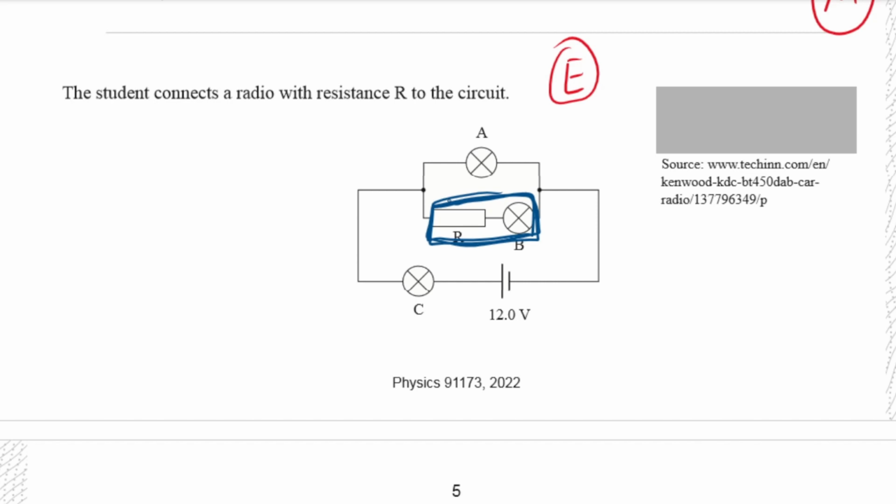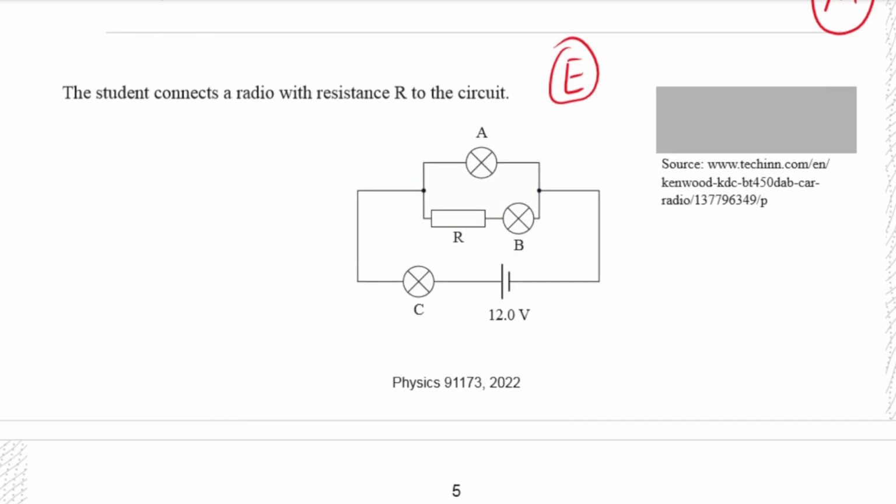If we combine that into a single resistor, it would now have a greater resistance than just bulb B, which means the parallel branch resistance would also increase, which means the total circuit resistance also increases, because it's in series with lamp C.